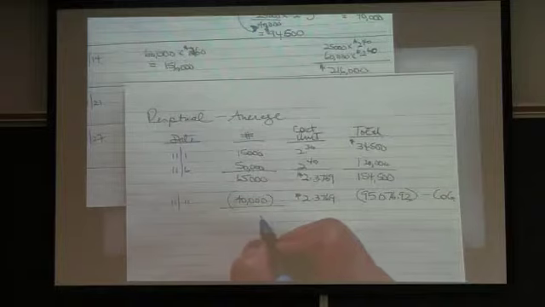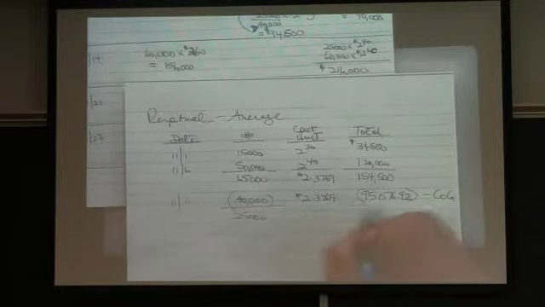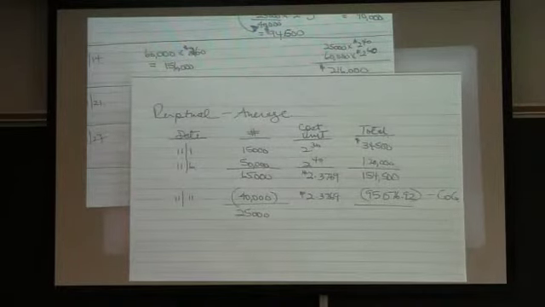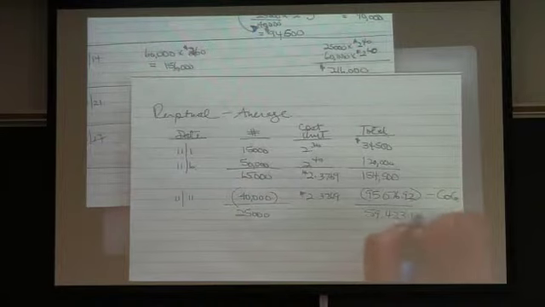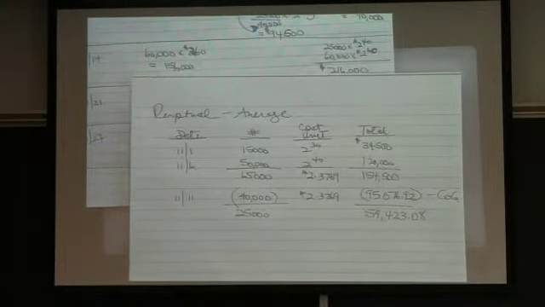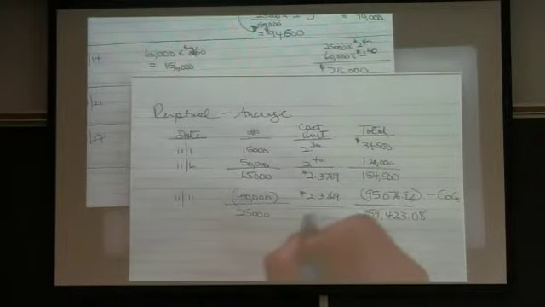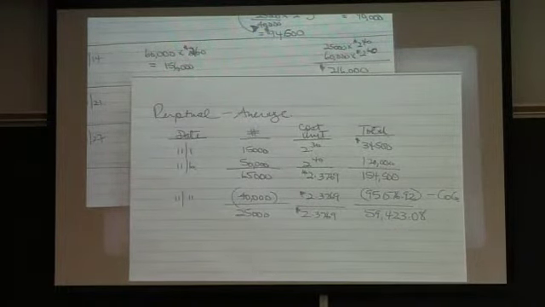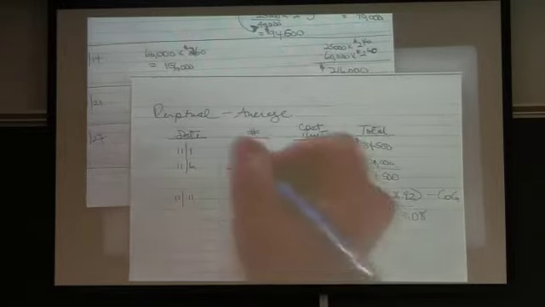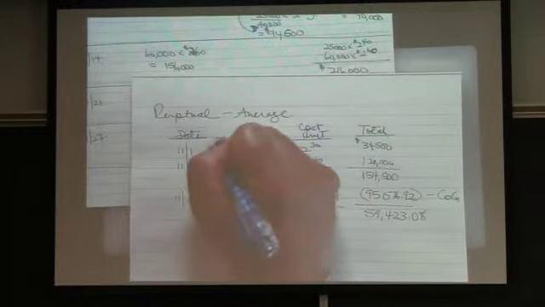So how many units do I have left after the sale? I've got 25,000 units, and of course I take 154,500 minus that, which is 59,423.08. If I take that divided by 25,000 units, it should come out to $2.3769 per unit.